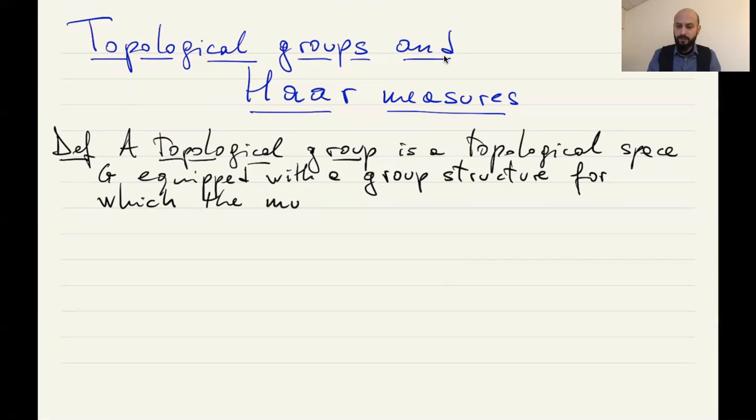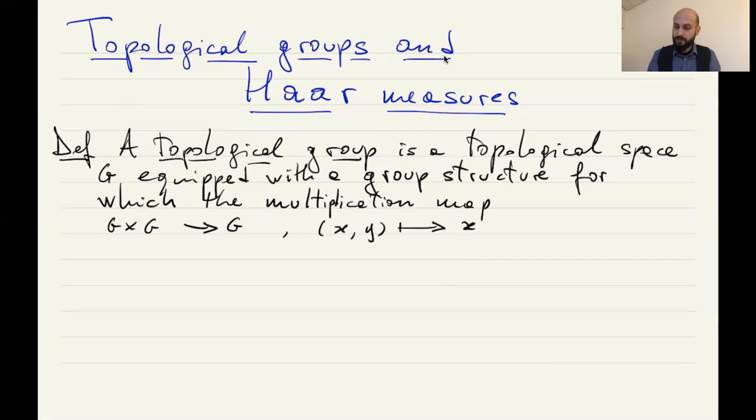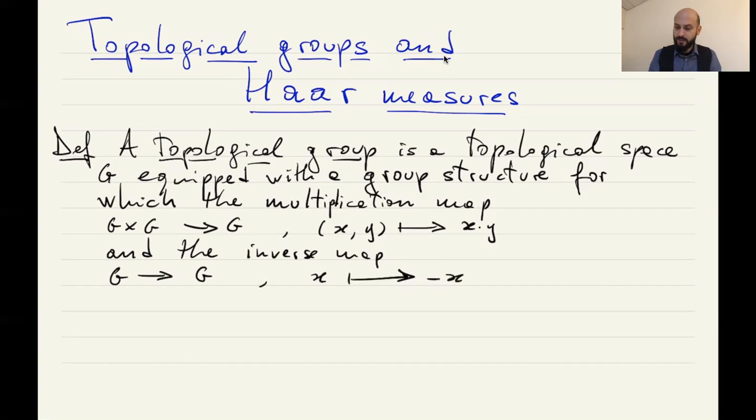So we require the multiplication map, which goes from G times G into G, that to any pair x and y associates the product given by this multiplication, and also the inverse map, which goes from G to G, to every x associates x minus 1.